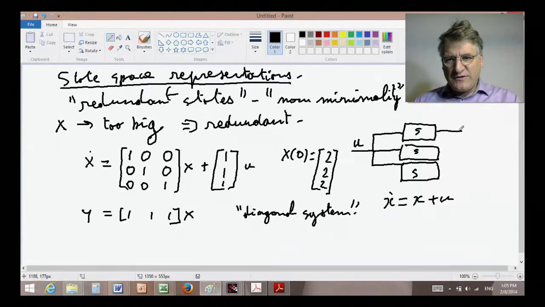And then those 3 systems provide an output, and those 3 outputs are summed up in such a way that you obtain y, and y is equal to x plus x plus x.